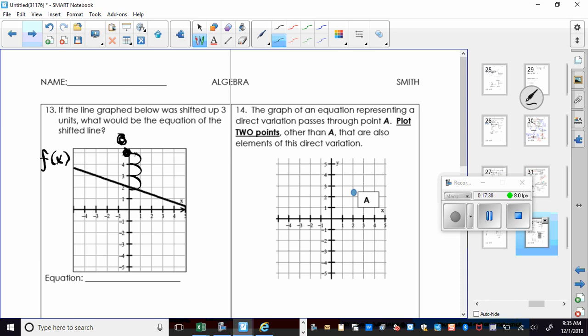My new y-intercept is plus 5. The only thing I need is the slope of this line. So we could do one of two things. We could simply say that it's f of x plus 3.